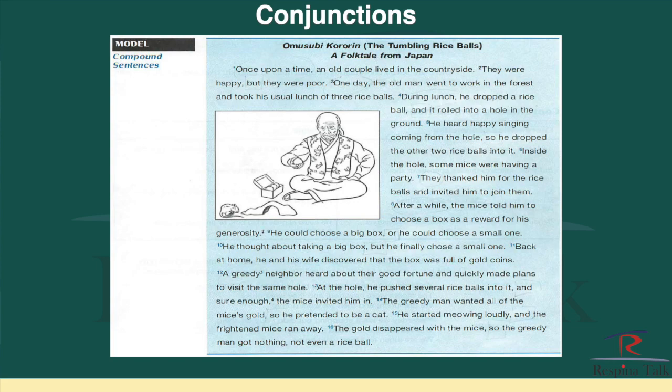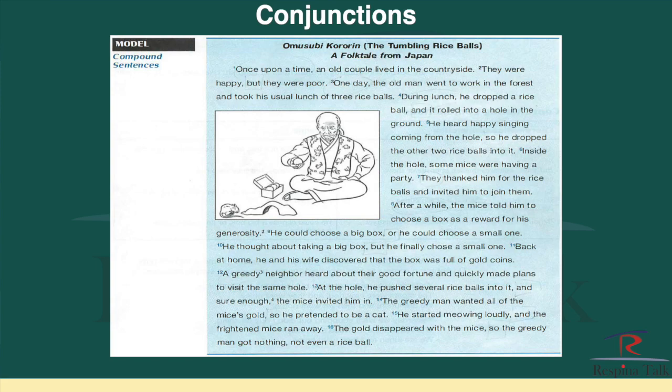After a while, the mice told him to choose a box as a reward for his generosity. He could choose a big box or he could choose a small one. He thought about taking a big box, but he finally chose a small one. Back at home, he and his wife discovered that the box was full of gold coins. A greedy neighbor heard about the good fortune and quickly made plans to visit the same hole.